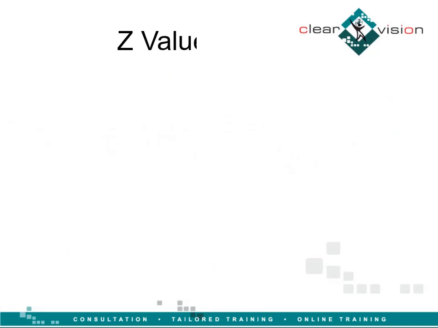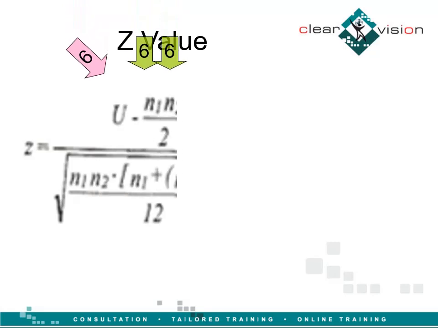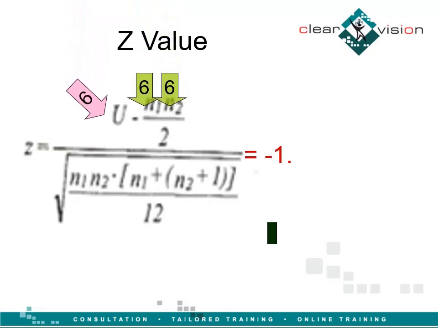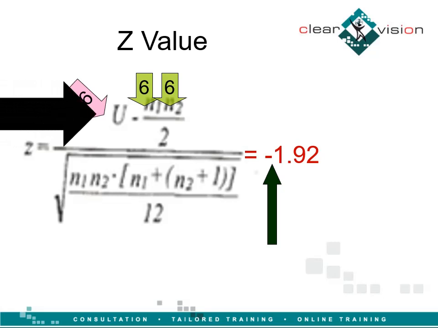Solving the Z value for the new U value will result in the same Z value but with a negative sign. Please note that the new Z equation values are the same as the previous calculation, except the U value. In the first scenario, the U value was 30, and in the second scenario, the U value is 6.